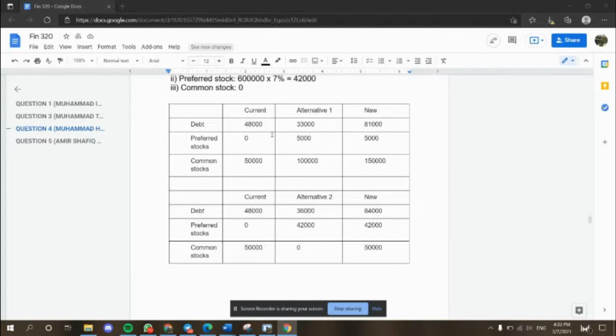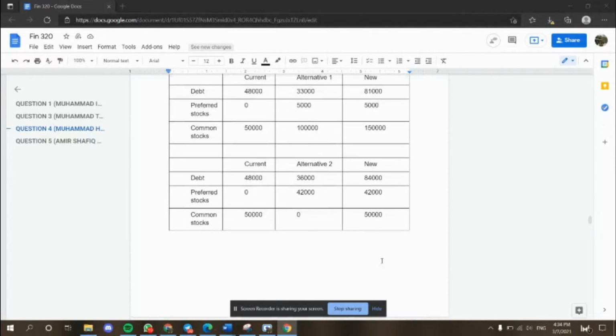For that, we got 81,000 for alternative 1. Preferred stock, we got 5,000, and common stock, we got 150,000. For alternative 2, we got 84,000. Preferred stock, 42,000, and common stock, 50,000.